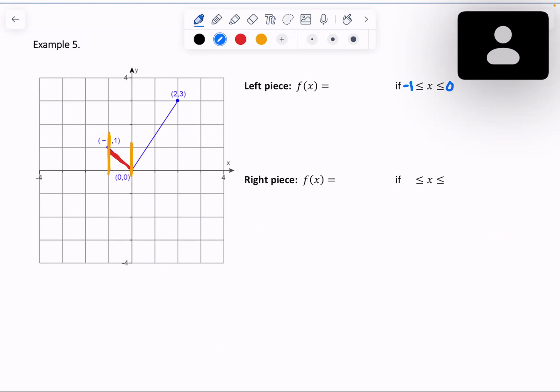So here we're going to have an x, and then the slope in front of it. So what's the slope? If I count, it's down 1, and then over 1. So the slope is -1. So all it is on the left piece is -x. Simple as that.